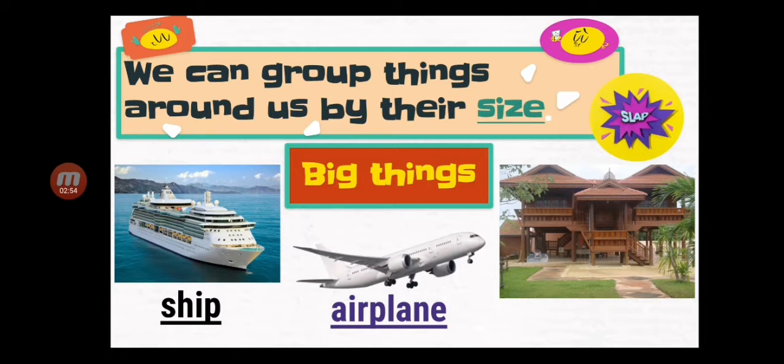I think this house is in Thailand, right? This house is an example of a thing that is big. We can consider this one a big thing.